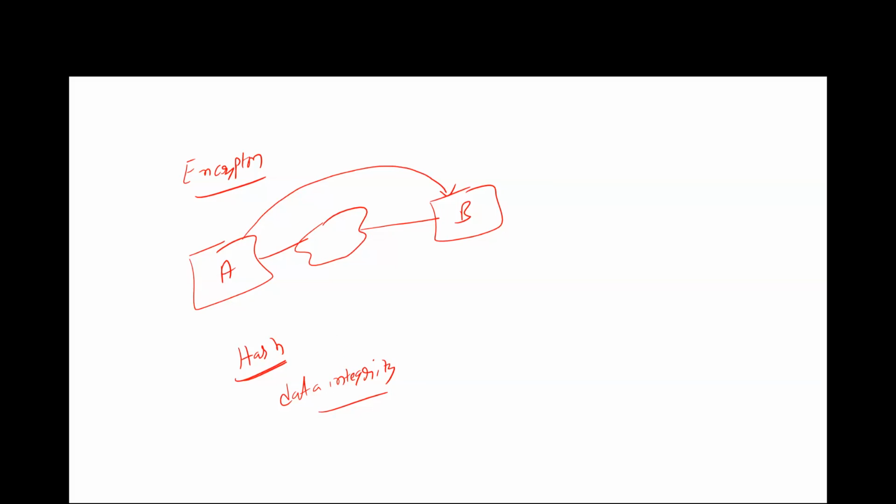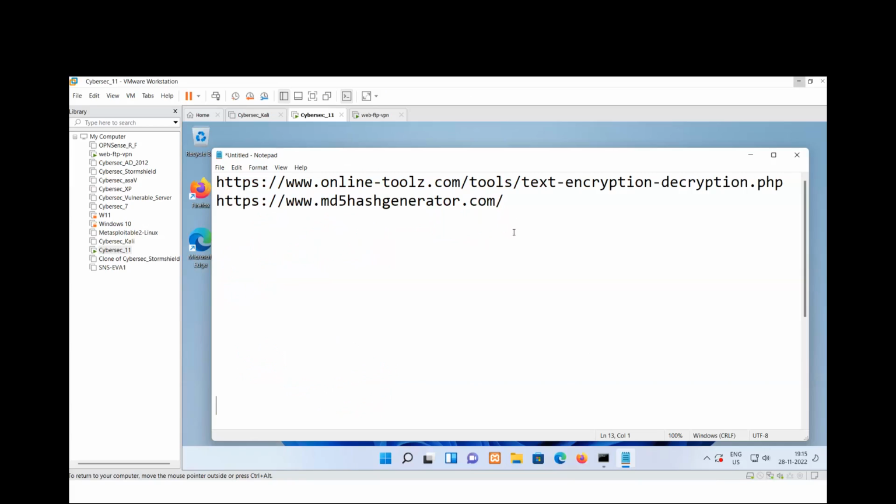So here I have a simple website which we can use for creating a hash value and for encryption. Let me share my screen so we will also be able to check that. I'll show you with the website so you'll also be able to understand how exactly it is.